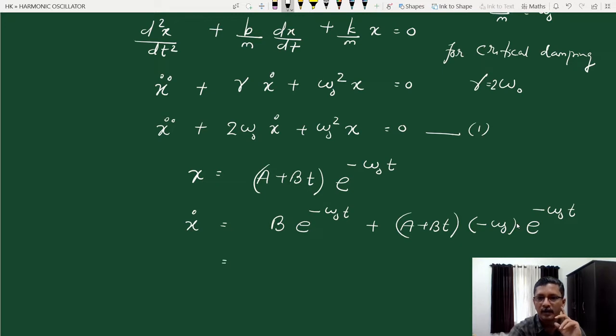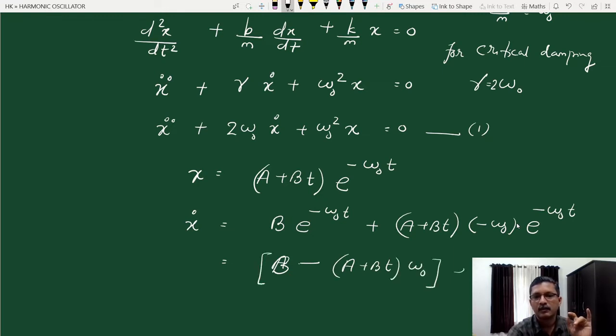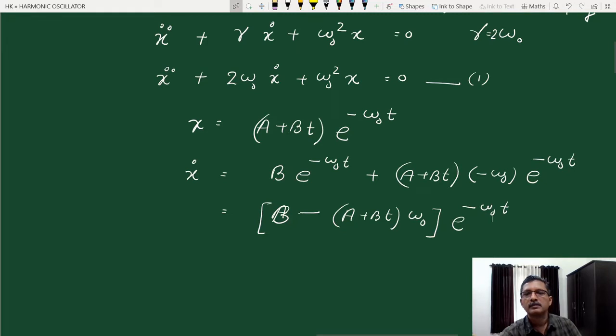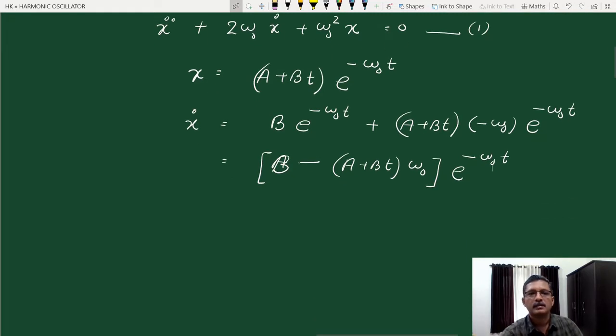We can arrange it like this: e raised to minus omega 0 t can be taken out, so we have b minus a plus bt times omega 0, times e raised to minus omega 0 t. This is x dot.